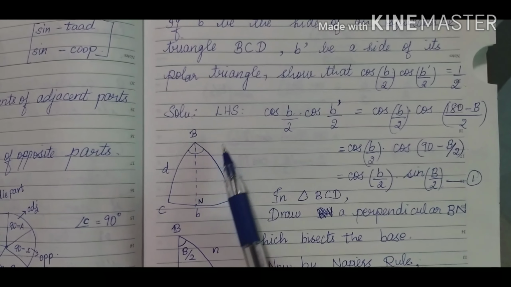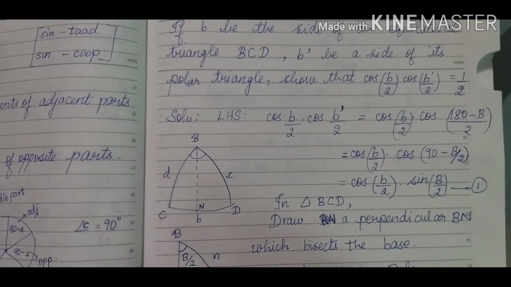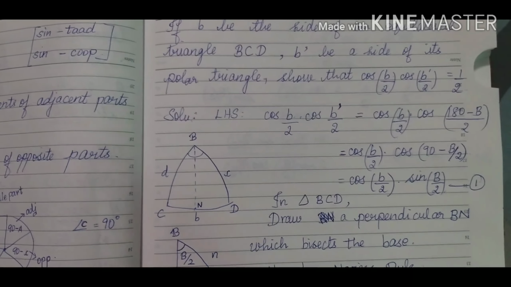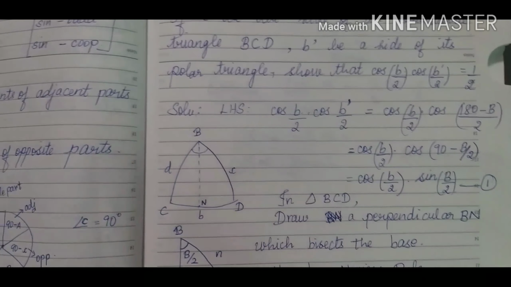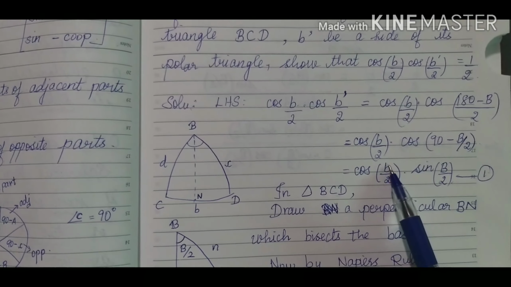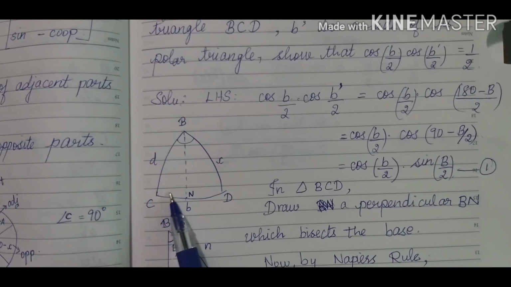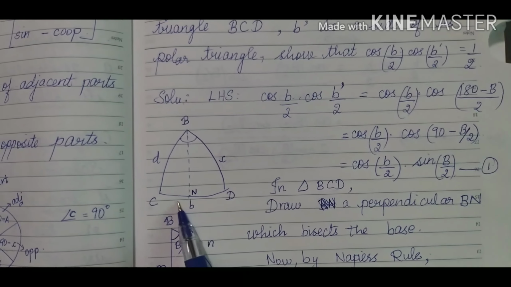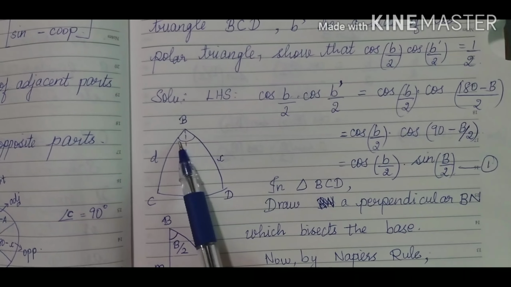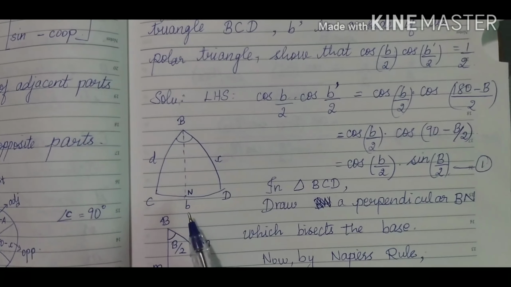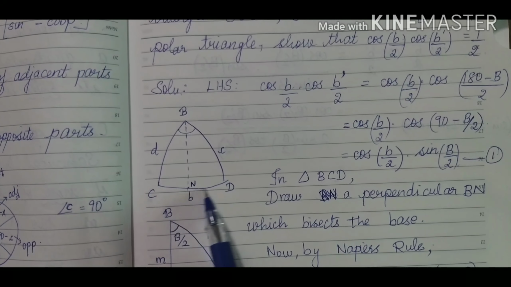Alright, I have drawn this equilateral spherical triangle here, BCD. Since this is an equilateral triangle, the sides will be equal and the angles will be equal. In this problem, we are dealing with cos b by 2, that is small b by 2, and capital B by 2, which means we are not making use of the whole length small b, or the whole angle capital B. We have to bisect this. So we draw a perpendicular from vertex B to side CD.